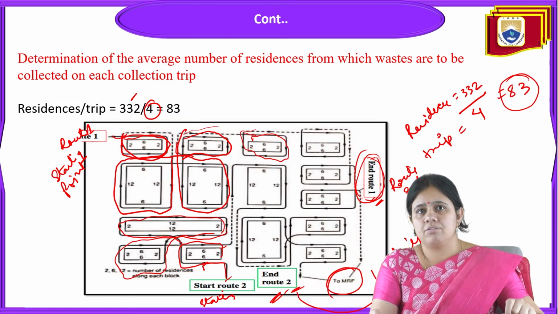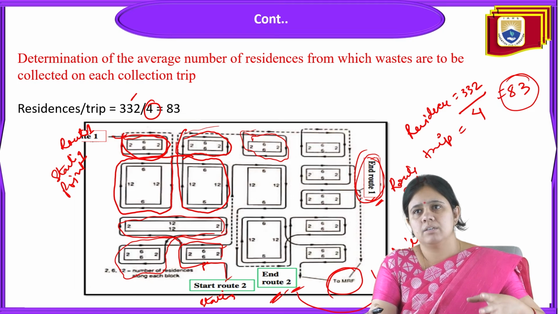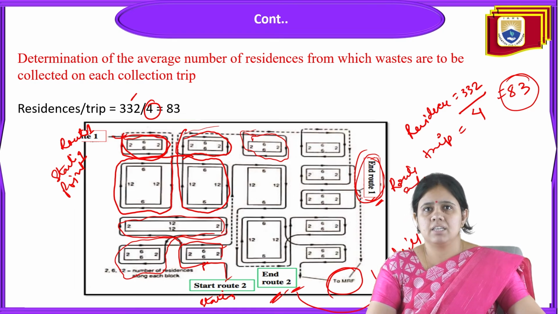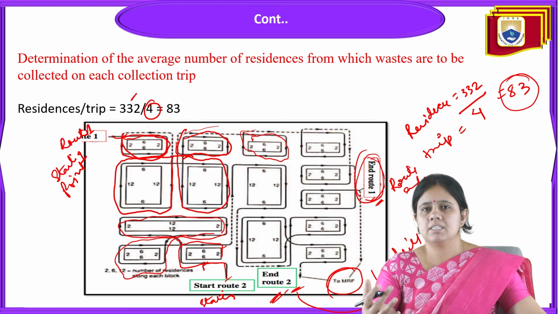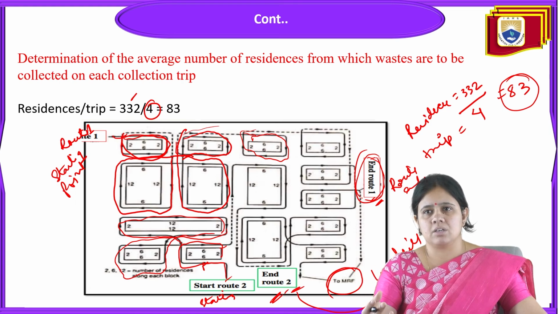For this building layout, we have developed this route. The trip should be 4 times in a week, and on average 83 residents should be collected on each collection trip.